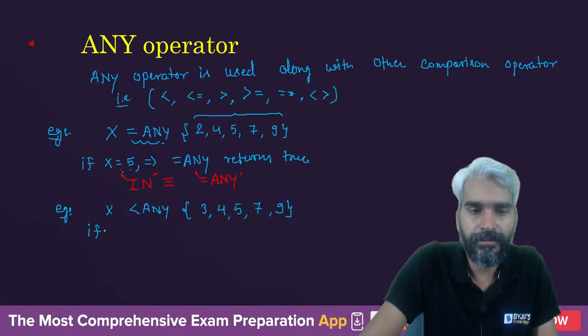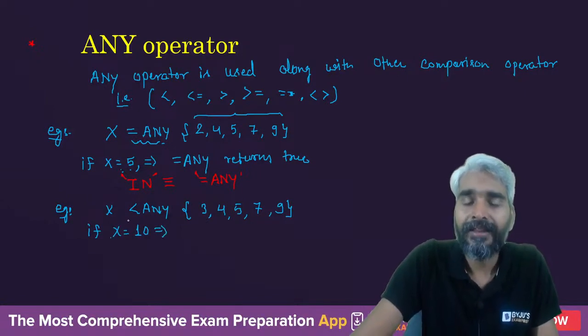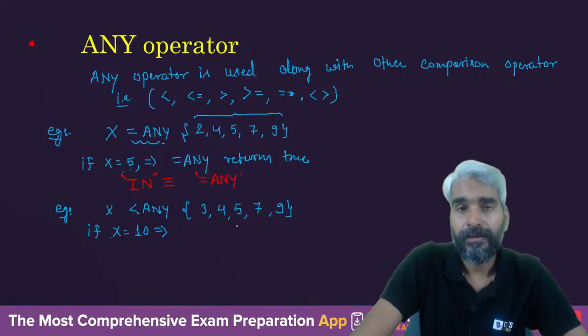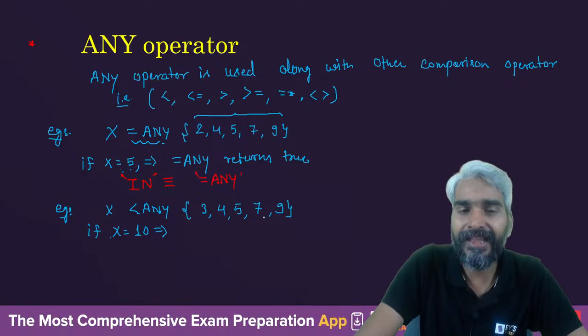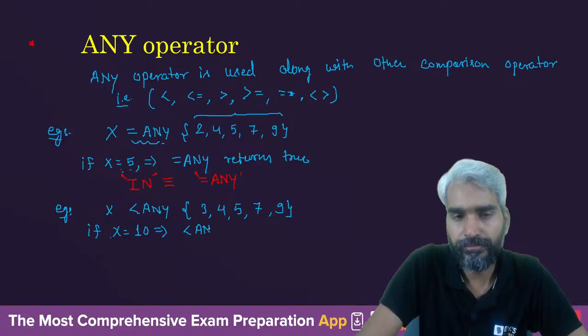So if x equals to 10, what will be the output? Is 10 less than any of these members of this tuple? No, sir. 10 is not less than any of the members of this set of tuples. Therefore, less than any returns true. Oh, sorry, false.